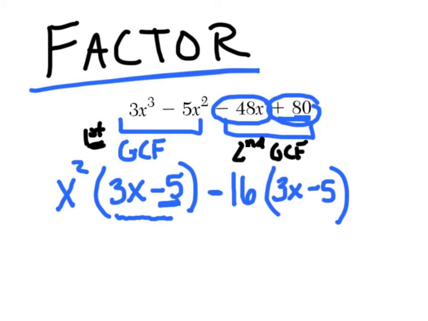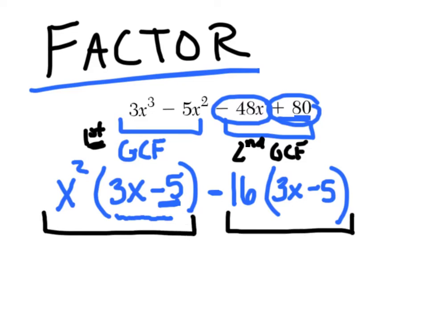Okay, so we're not done there. Remember, we said 3 GCFs. That was 1, 2, and now I have to find a third GCF. Now, box this front end and this back end. You are looking at those 2 sections that we have in brackets here and asking yourself, what's the GCF? What does this bracket have in common with this bracket?